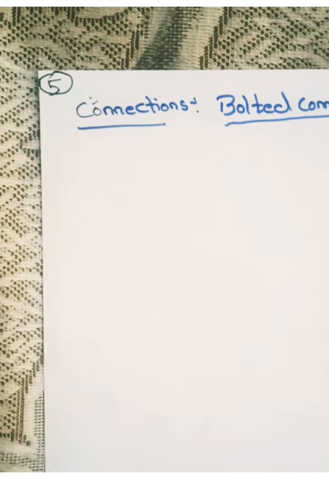So it is 60, and this is 10, which we have provided: 2 ISA 60, 60 and 10. When we are designing a bolted connection, we need to find the number of bolts required. The number of bolts required depends upon the bolt value which we are providing.